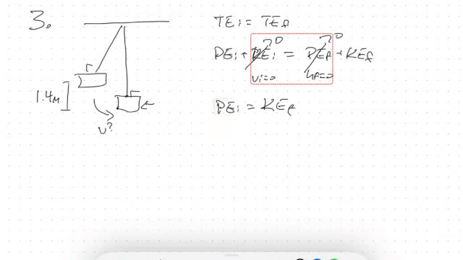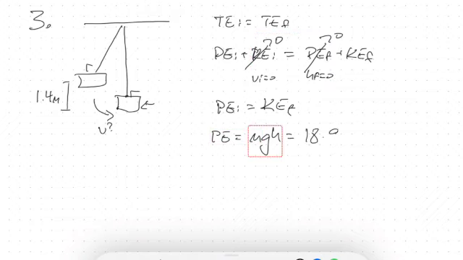So we can calculate potential energy, mgh, equals 18 mass times 9.8 times 1.4, which is 247 joules rounded.